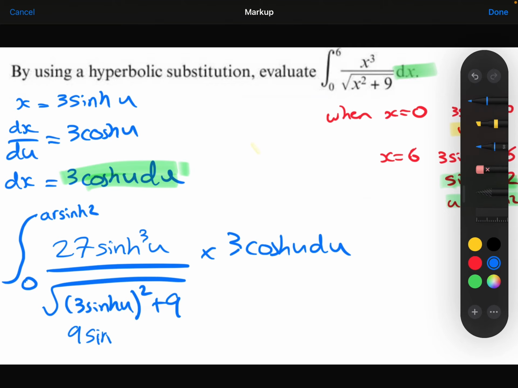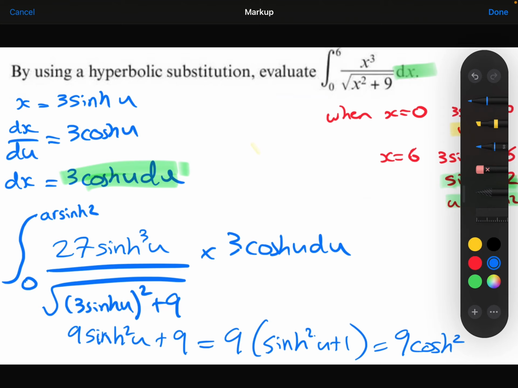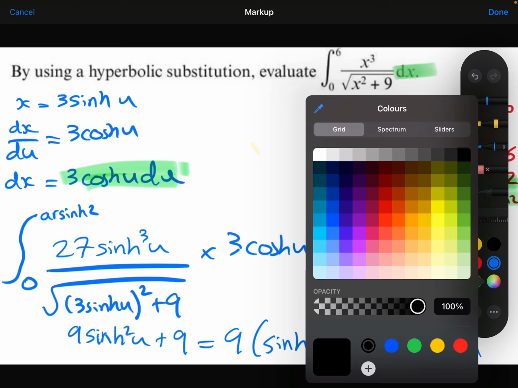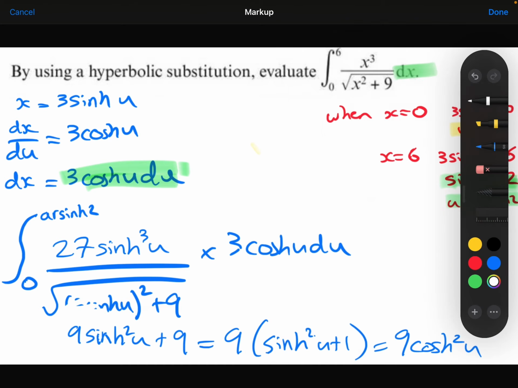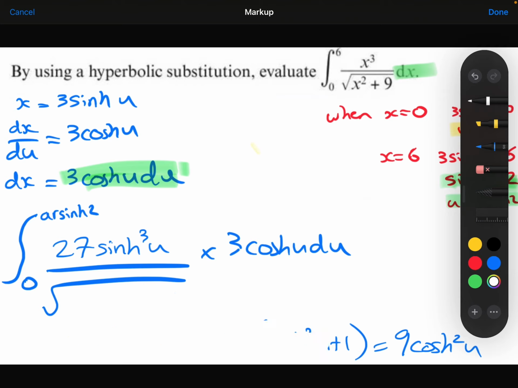That's from expanding the 3 sinh u all squared, plus 9, which would then factorise to be 9 lots of the sinh squared u plus 1. And the sinh squared plus 1 can be replaced with cosh squared. So my denominator is going to get replaced with that, which I will then square root to get 3 cosh u.